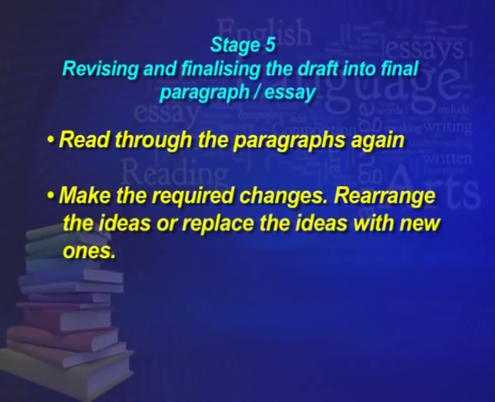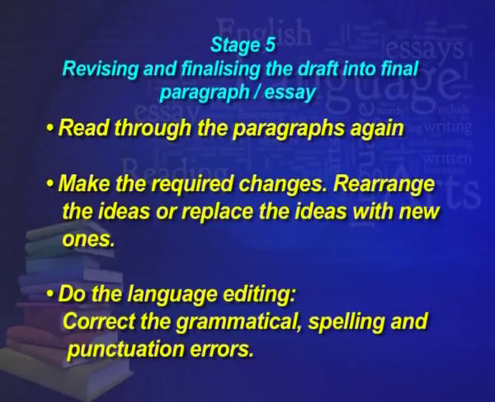You can change the first sentence to the last sentence or rearrange the sentences to make the ideas flow coherently, or replace the ideas with new ones. Now, do the serious language editing. Correct the grammatical errors, spelling errors, punctuation errors, and once you have done it, your essay is now ready.